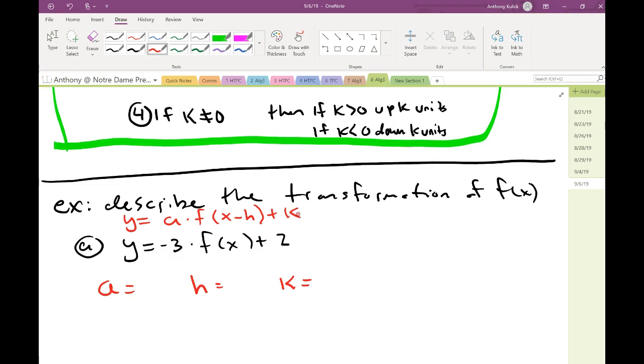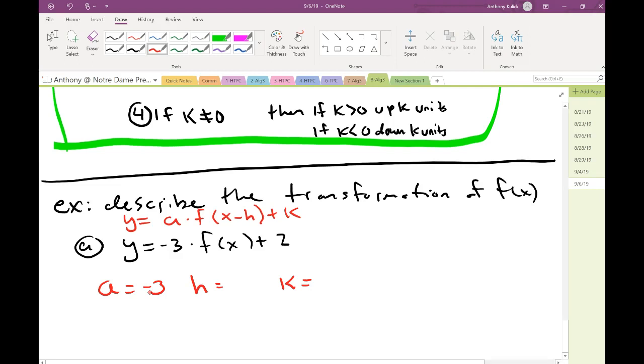So looking at our example, what is the value for A? Negative 3. Everybody happy with that? What's our value for H? 0 is correct, right?